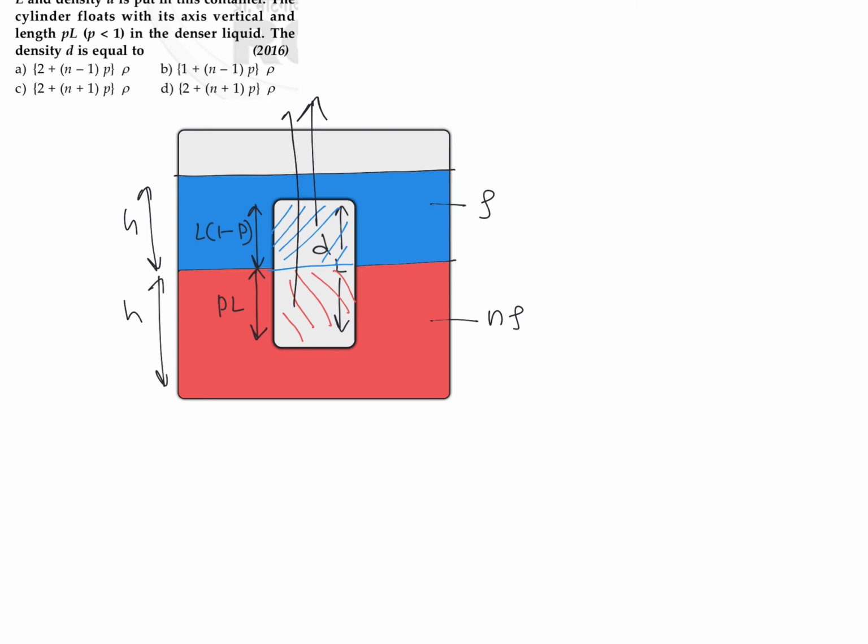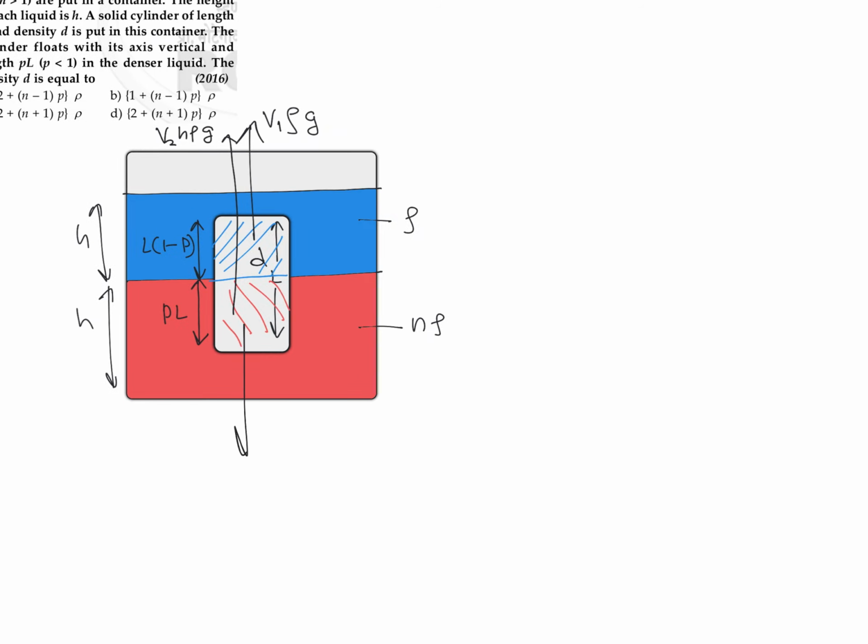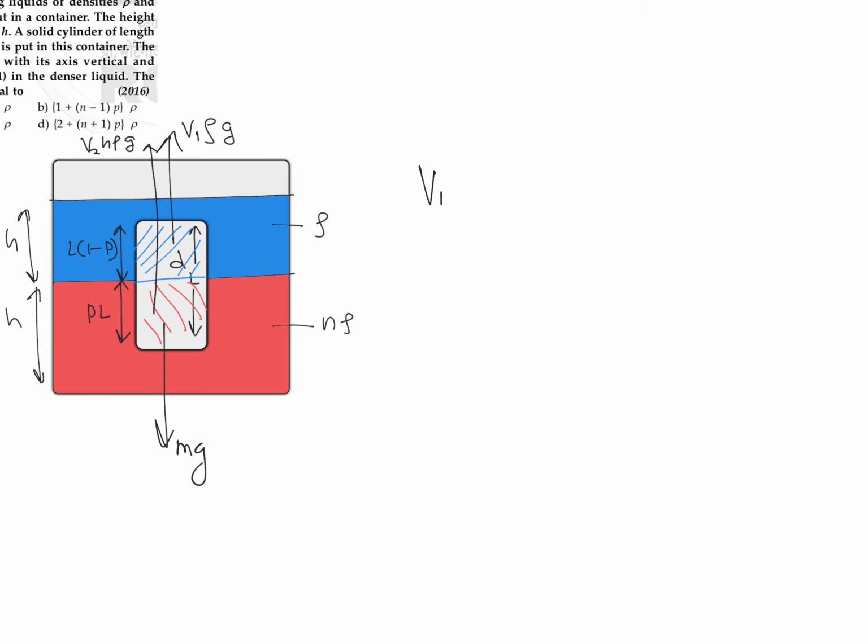The upthrust exerted by the first liquid is the volume of the object in the first liquid, V1, times the density rho times g. Similarly, the upthrust exerted by the second is the volume of the object in the second liquid, V2, times n times rho times g. Together they balance the weight of the object, mg. So V1 rho g plus V2 n rho g equals mg.